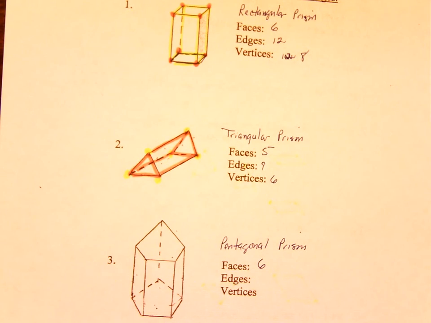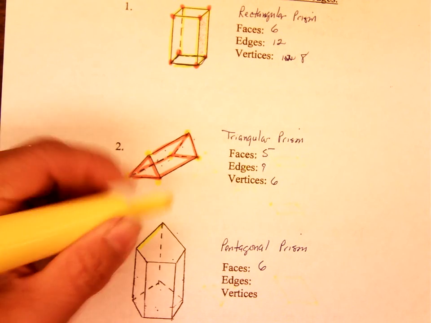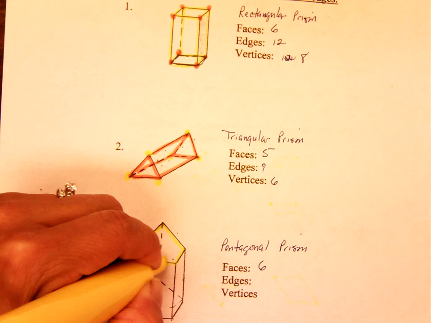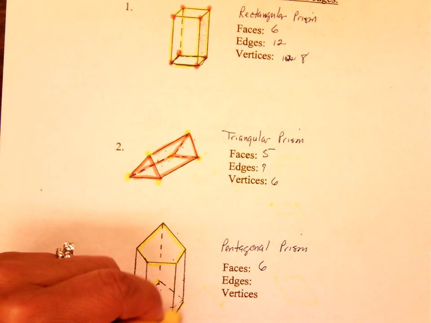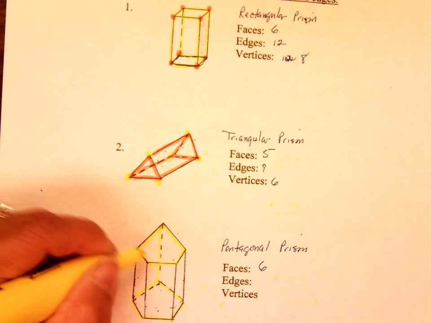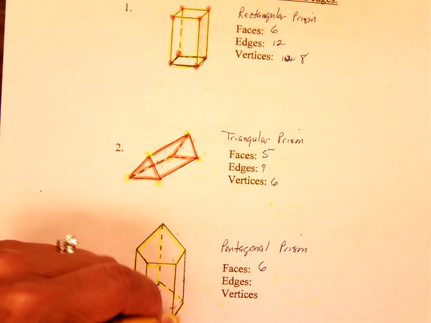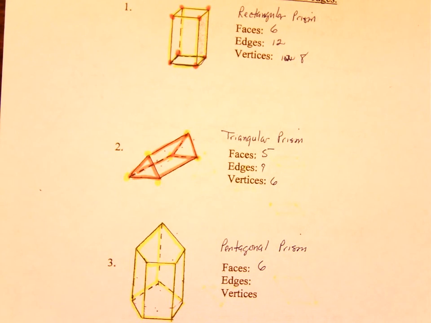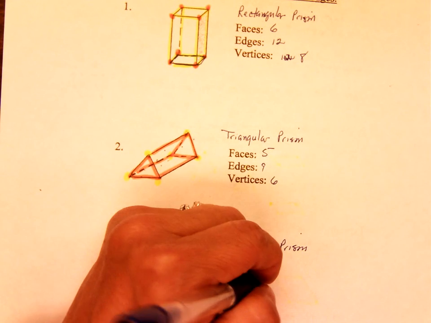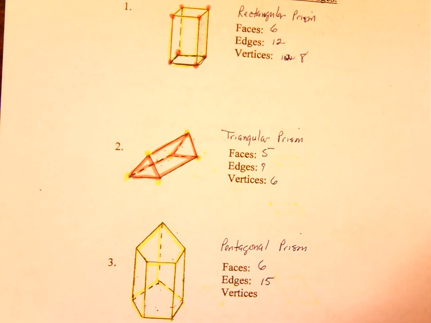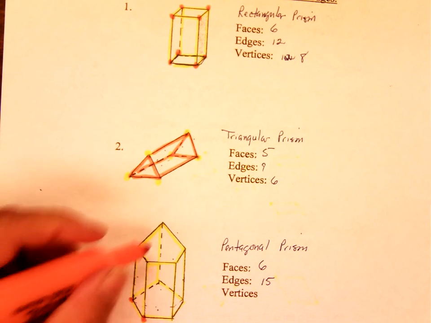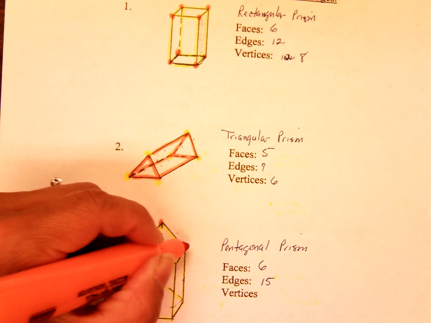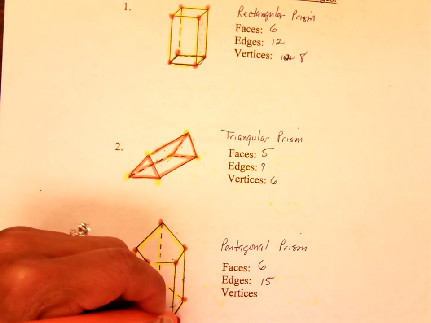My edges are my lines. So it'll be 1 through 15. So I have 15 edges. And vertices is 1, 2, 3, 4, 5, 6, 7, 8, 9. 9 vertices.